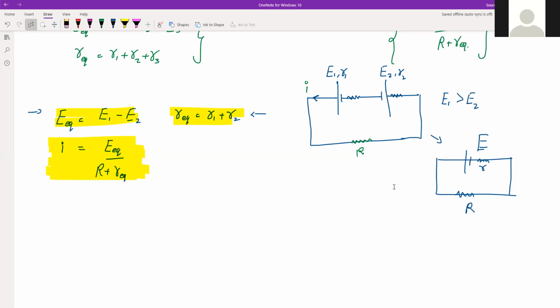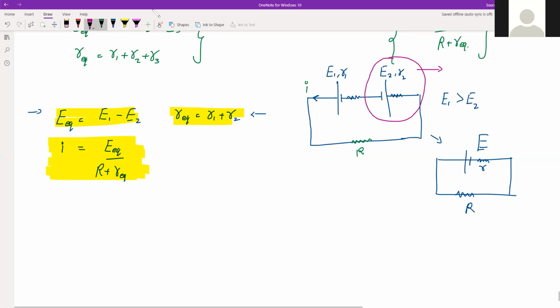That means its energy will be getting consumed, so we say that this cell is discharging. The other cell, E2, if only that was there, then the current would have flown in this direction.